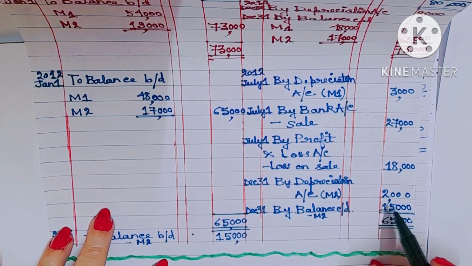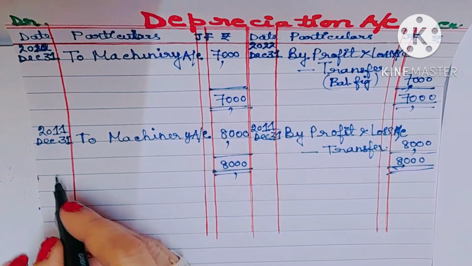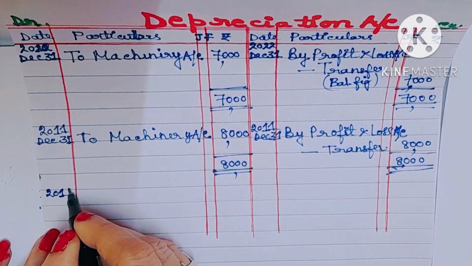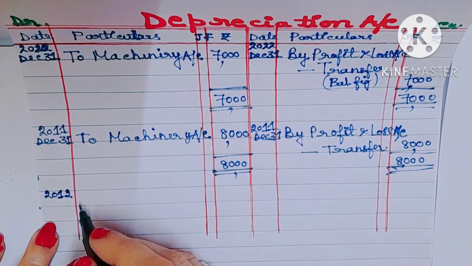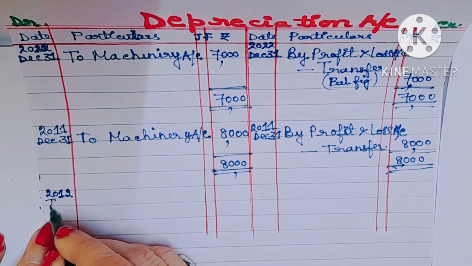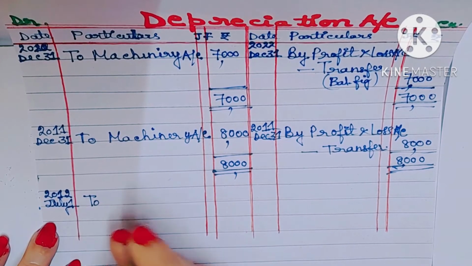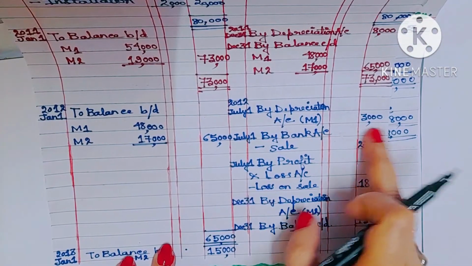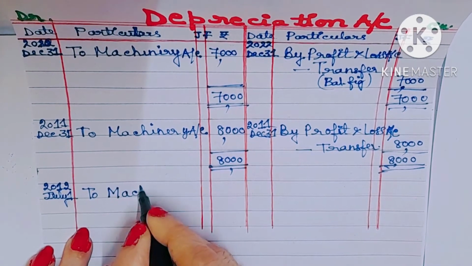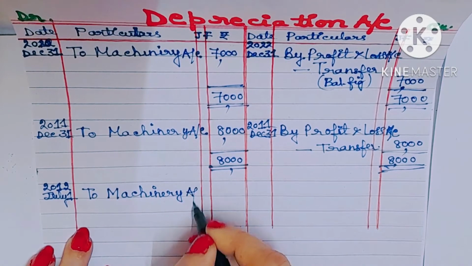So we have to write two depreciations. So first we have to write the depreciation for the first machinery, which was sold on July 1st. How much? Let me show you. 3,000. Let's write to machinery account, 3,000.